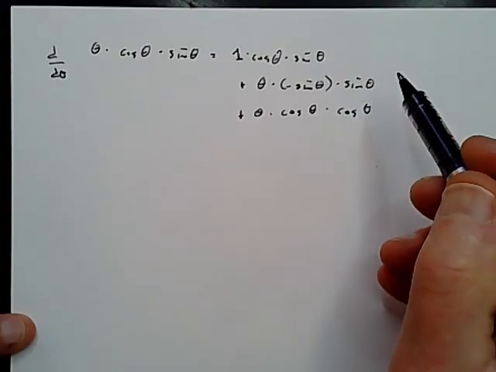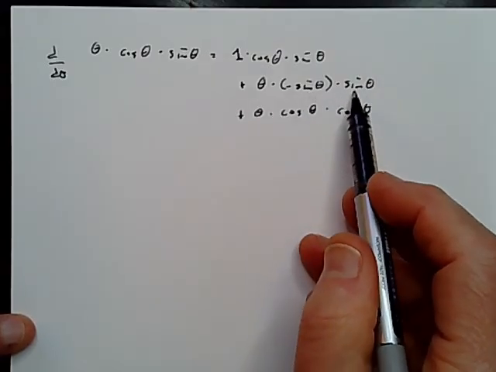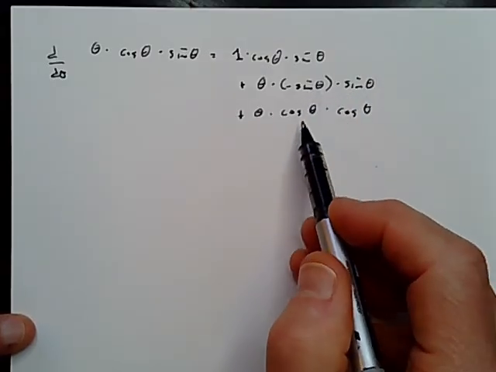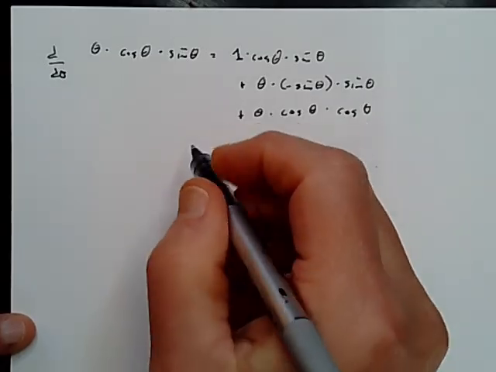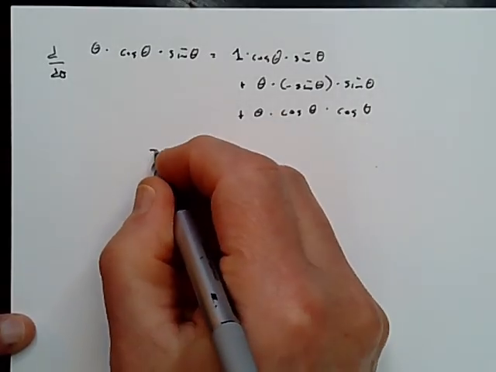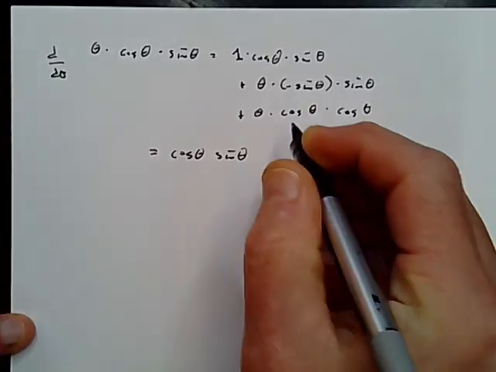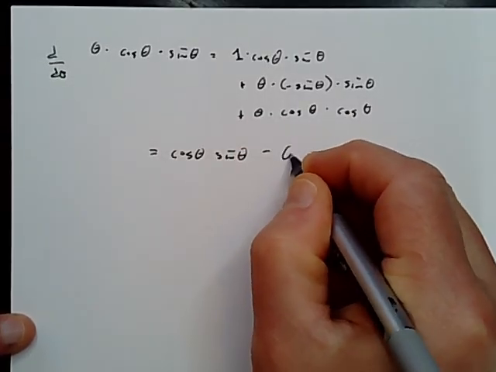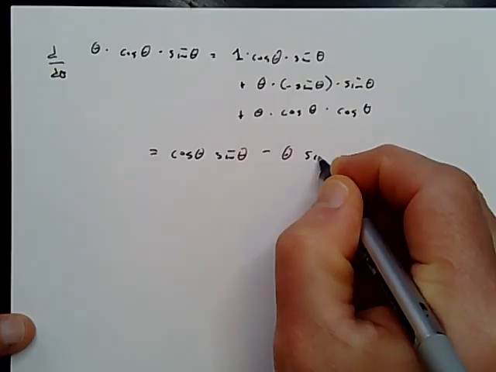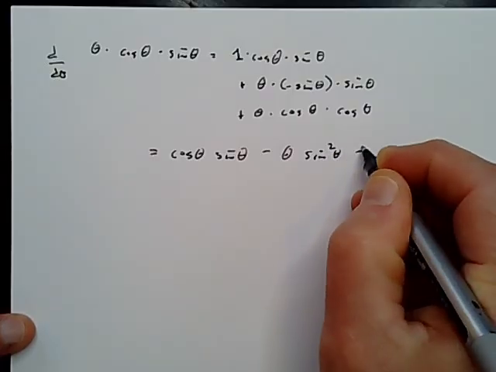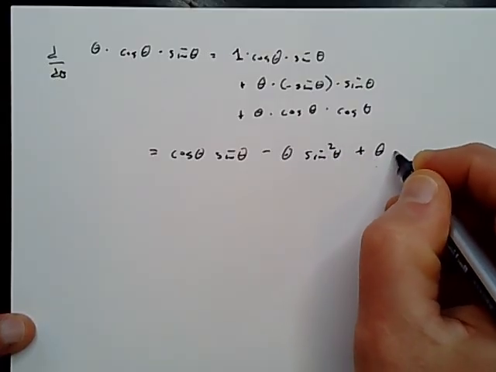I suppose the back of the book probably notices that these two things make a sine squared and these two things make a cosine squared. And so we get cosine theta sine theta, and then minus theta times sine squared theta, and then plus theta times cosine squared theta.